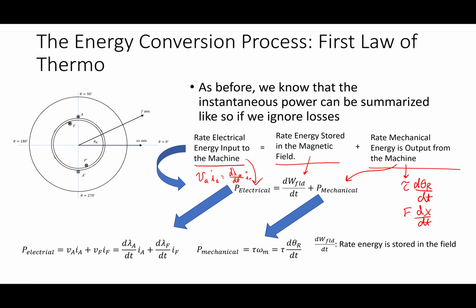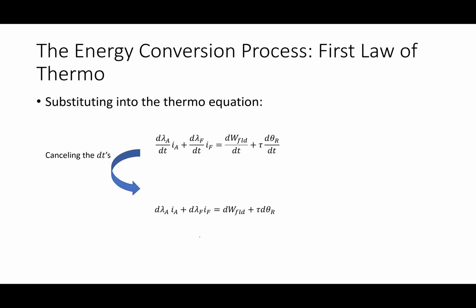So if I've got two coils like I do here, the electrical power has two terms. I can put all of this together and get P electrical, and this here is P mechanical. Now, the thing we worked through is how we calculated the energy.